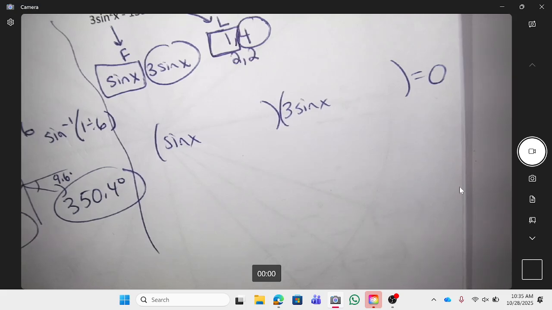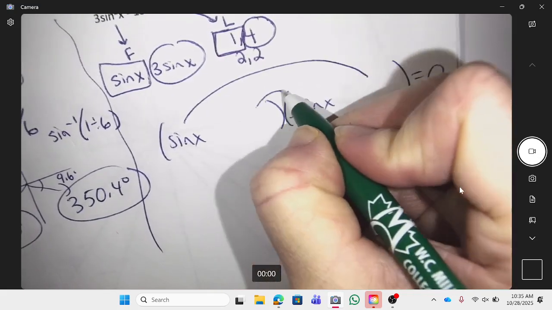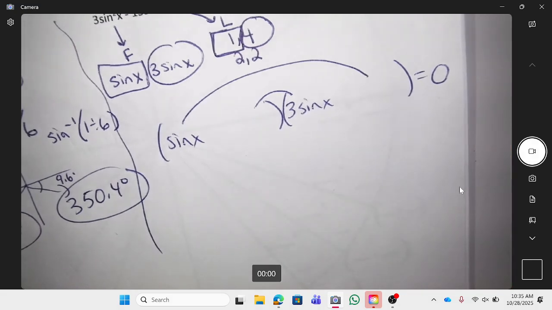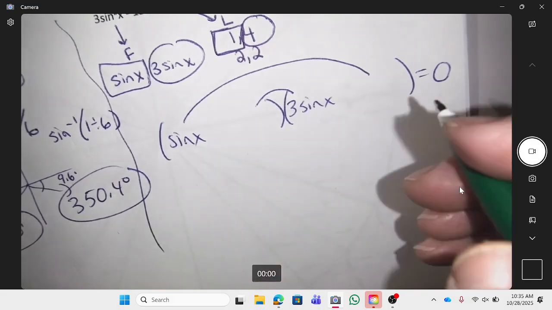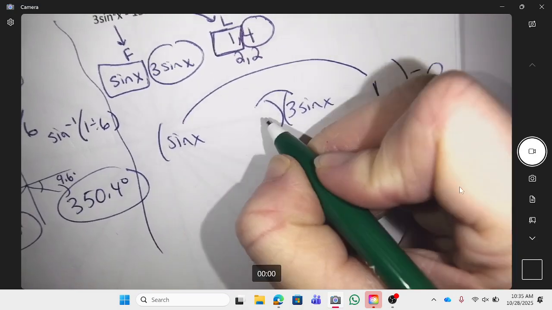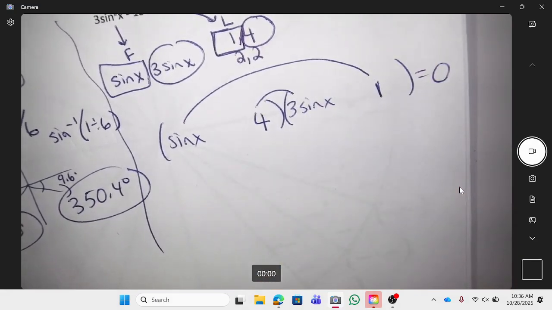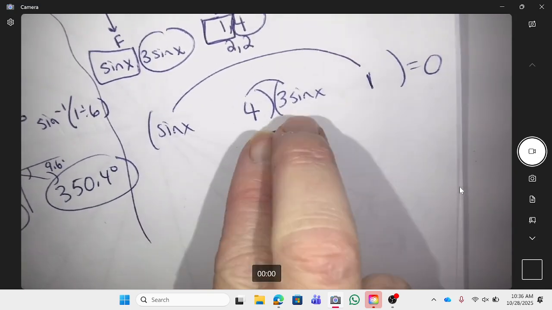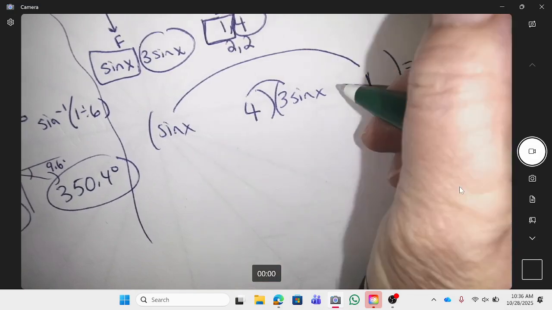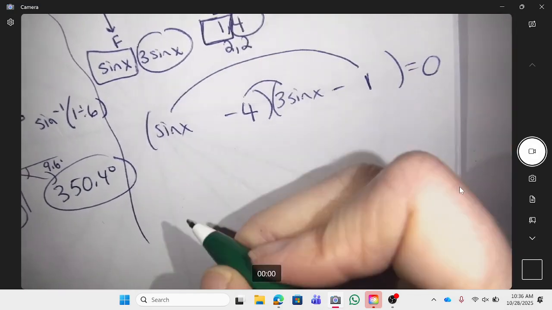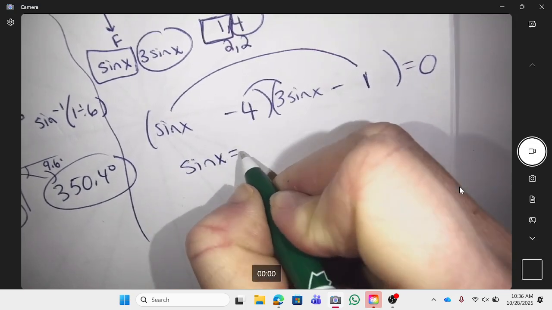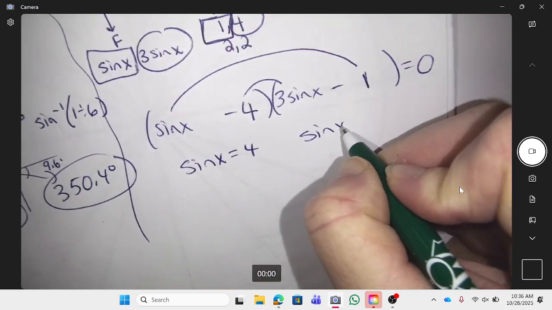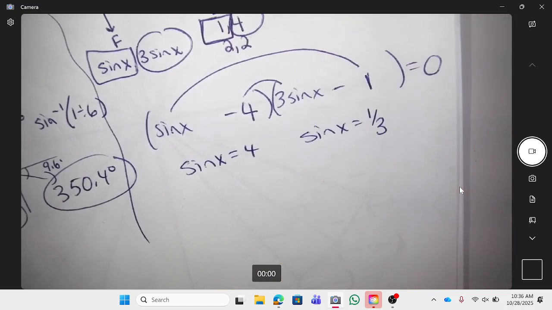Okay, now you've got your connectors here, your O hooks, your I hooks. So this is a sine x, so I better connect it to a 1. So there, I can already see my rainbow hooks are making a sine x, 1 sine x, and 12 sine x, right? Negative, negative. Sine x equals 4, sine x equals 1/3.